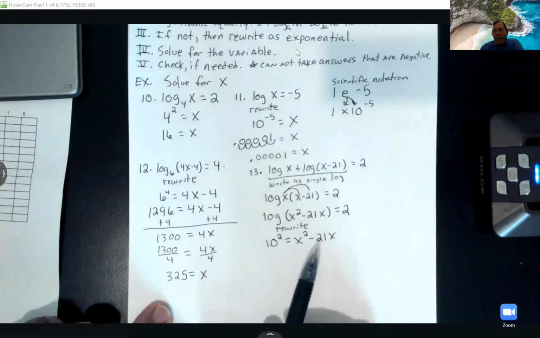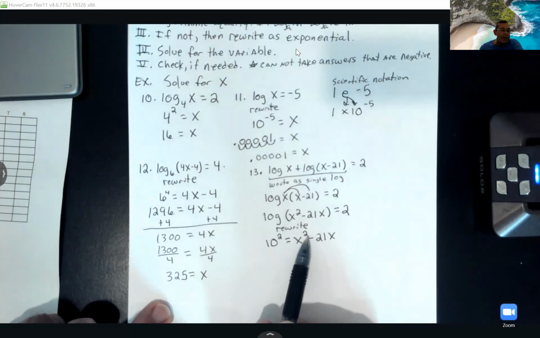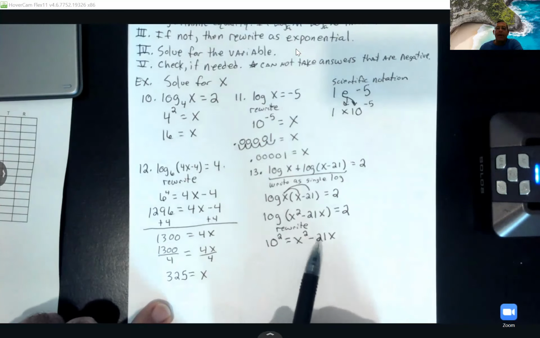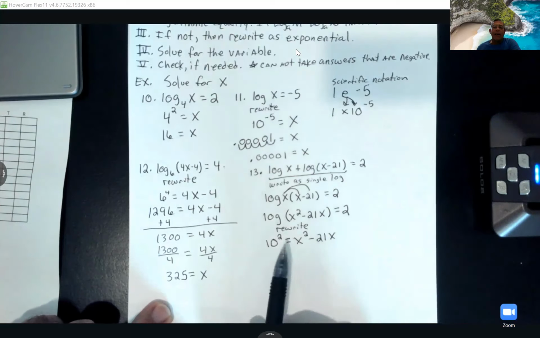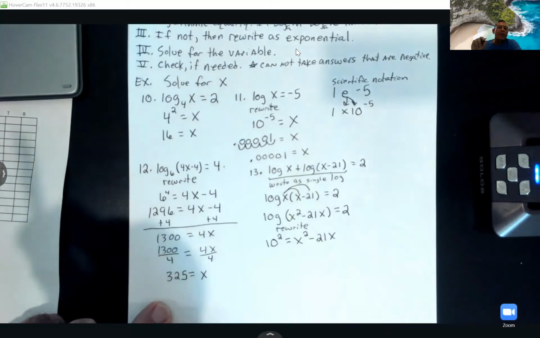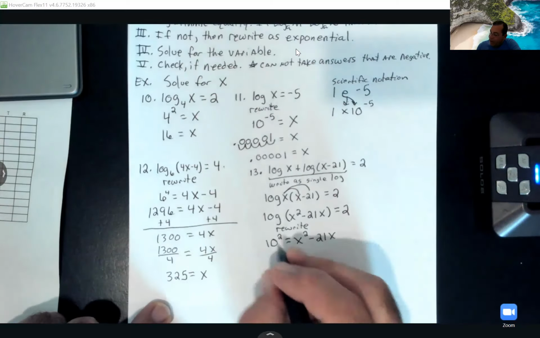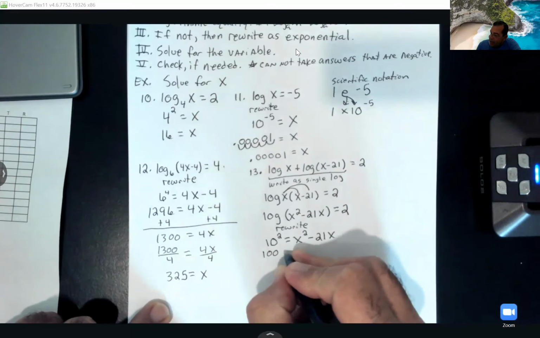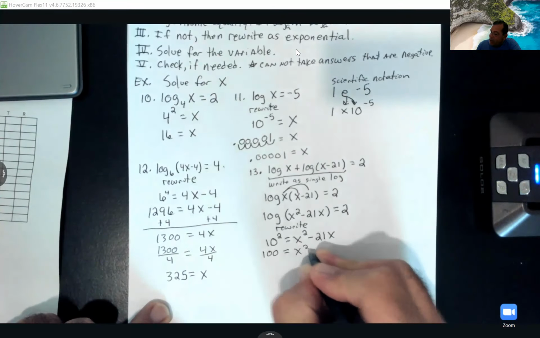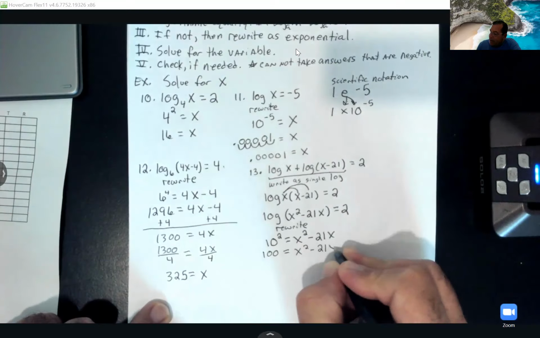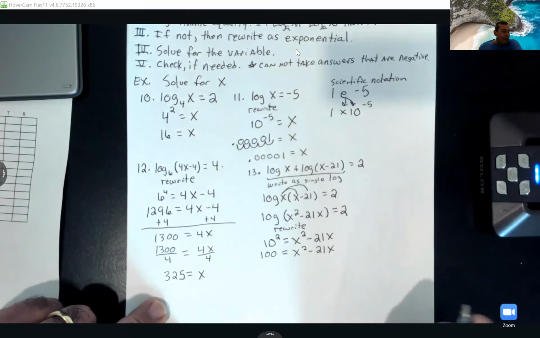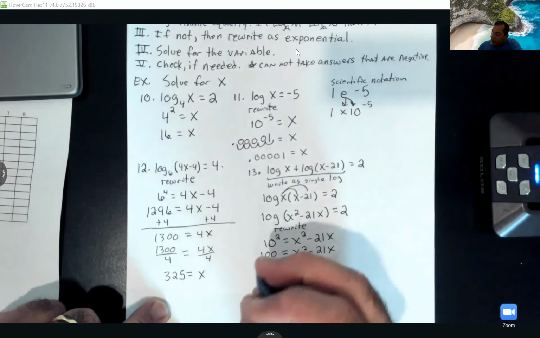So y'all, we're going to end up with a quadratic equation on this one because we got an x squared. So that means we're going to have to get everything on one side equal to 0. But before we do that, that 10 squared, we're going to turn that into 100. 10 times 10 is 100. And that's going to equal my x squared minus 21x. All right, y'all, so let's get a 0 over here.